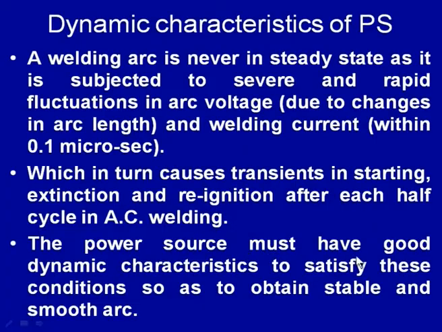These transient conditions cause transients in starting, extinction and reignition after each half cycle in the case of AC welding, and the power source must have a good dynamic characteristic to satisfy these conditions, so as to obtain a smooth and stable arc.